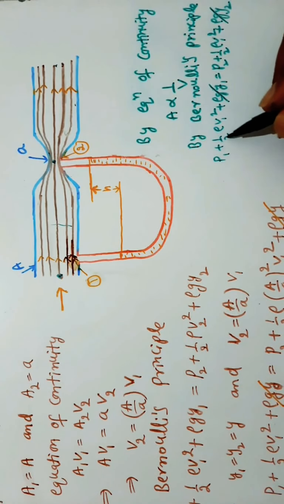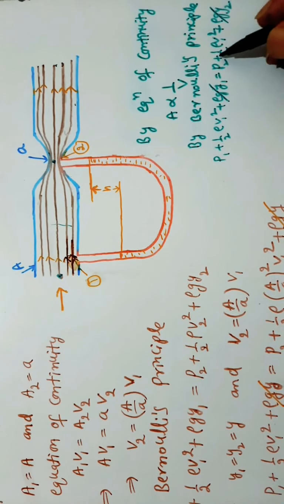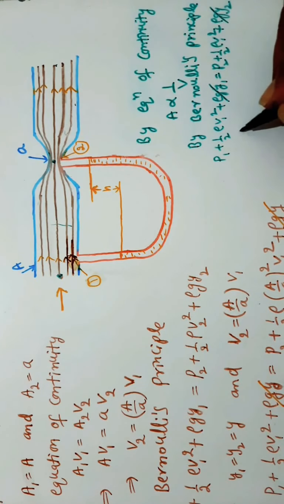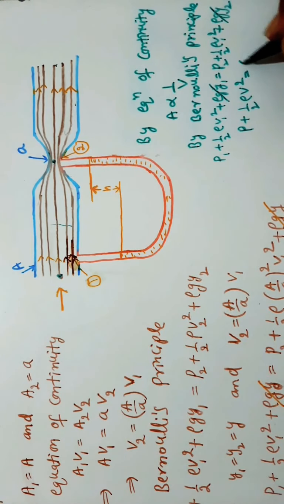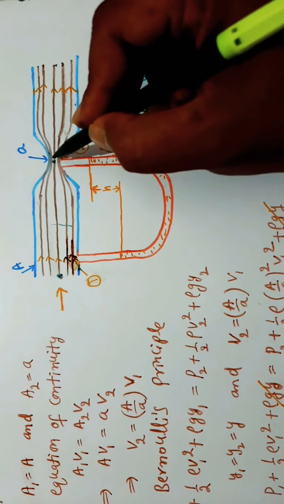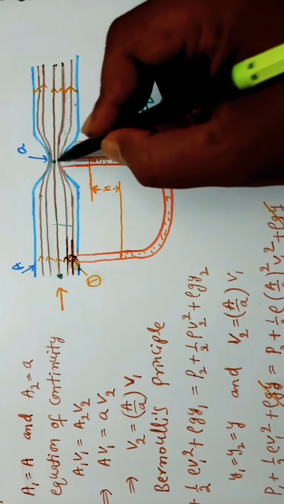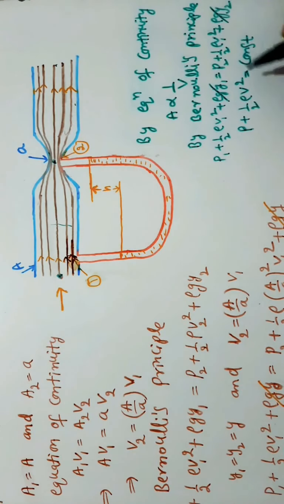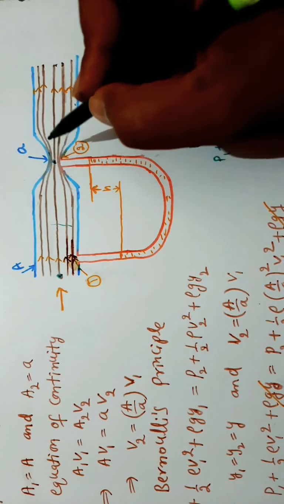So P1 plus half rho V1 squared is equal to P2 plus half rho V2 squared. So P plus half rho V squared is equal to constant. At the constraint the velocity increases, so to compensate this equation, the pressure must decrease.